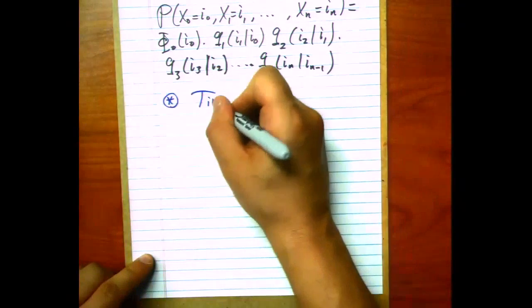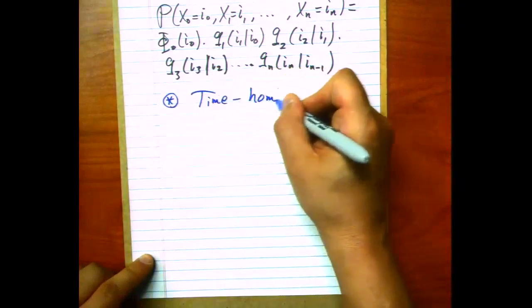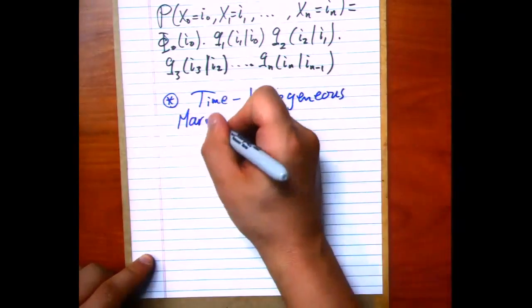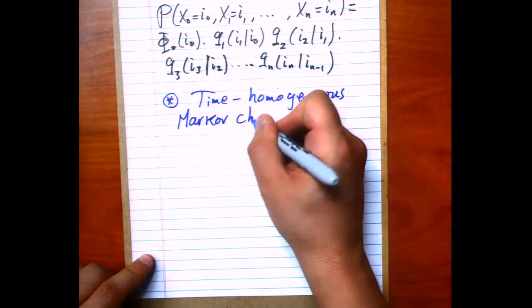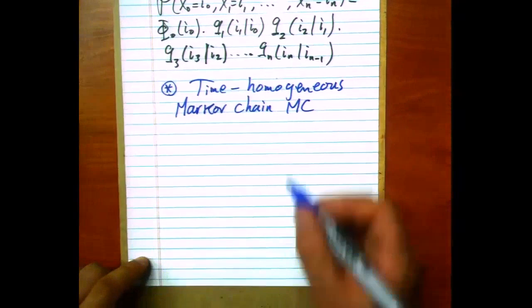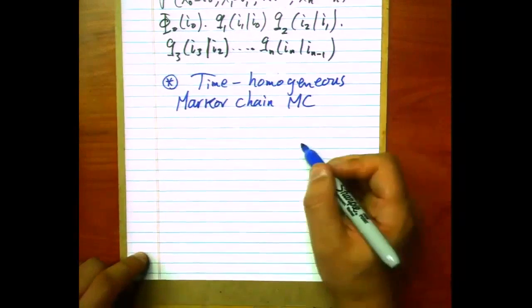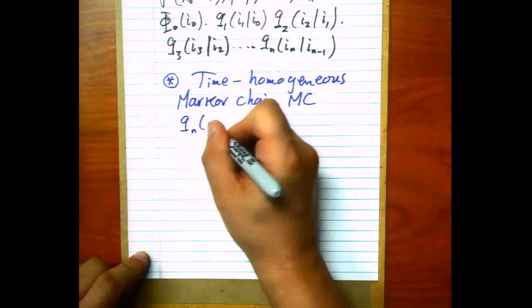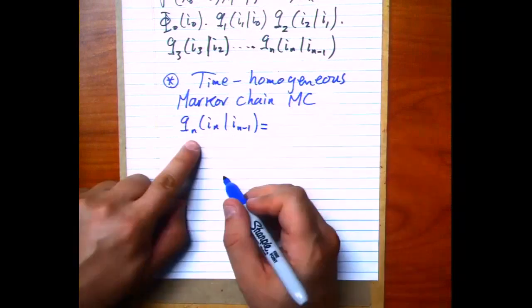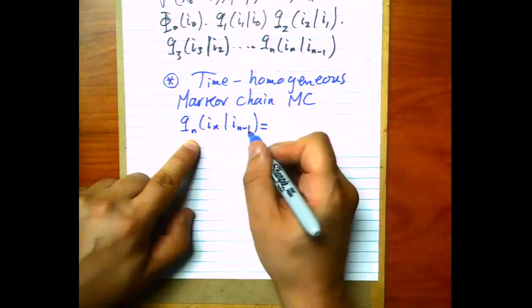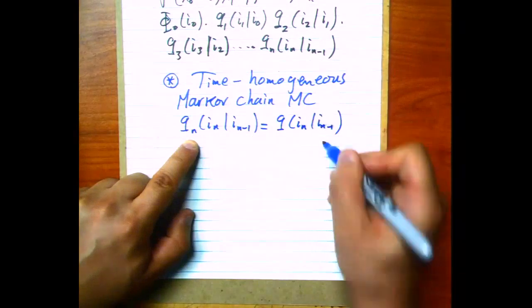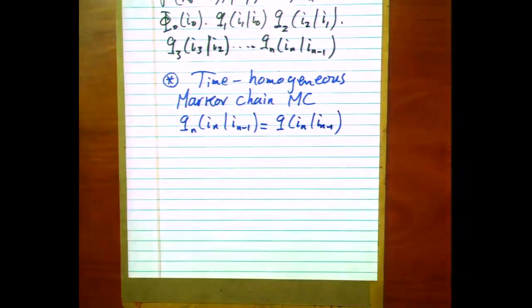Time homogeneous Markov chain. By the way, Markov chain from now on, it's going to be MC, okay? Not McDonald's. Markov chain. Time homogeneous Markov chain if the transitions are independent of n. If Qn from In minus 1 to In is independent on the time, for any n.